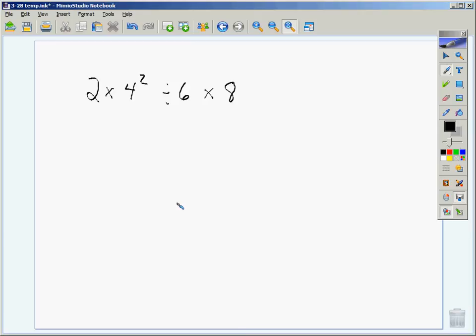Because terms are separated by what? Addition or subtraction. If I change this to addition, how many terms? 2. This would be 1 group, and this would be 1 group. Everybody understand what it means to be a term?